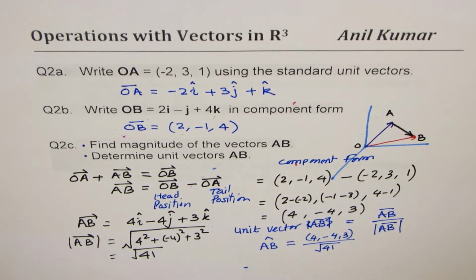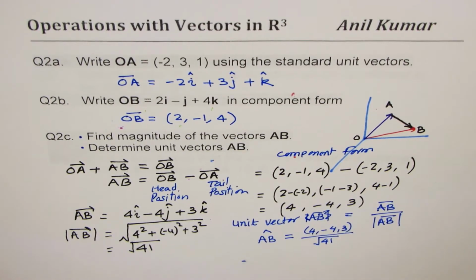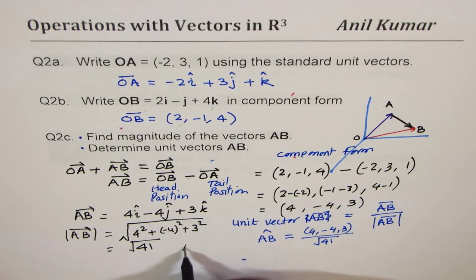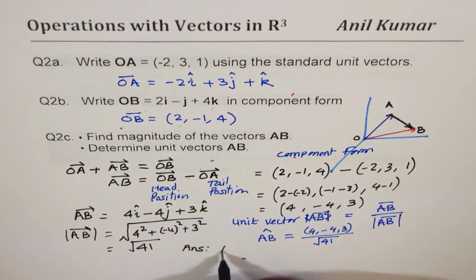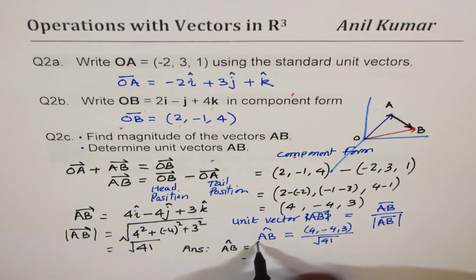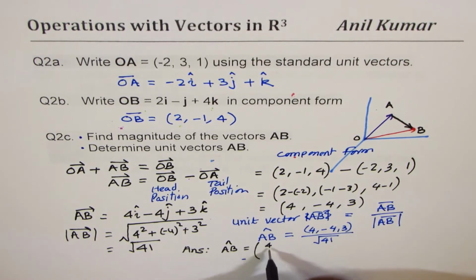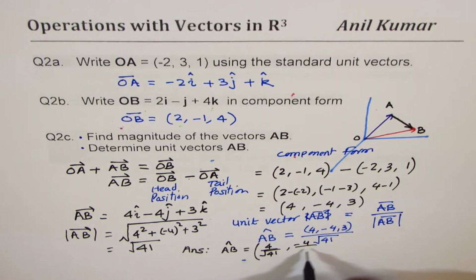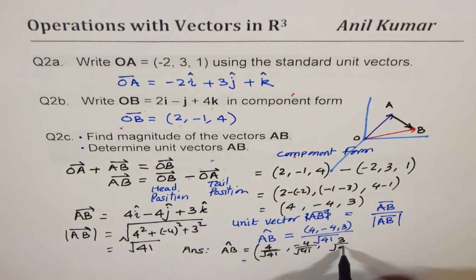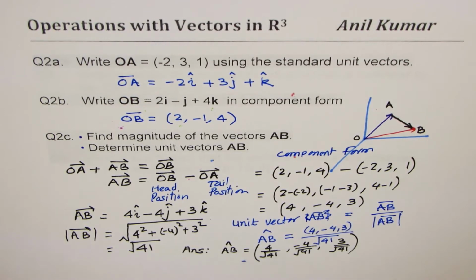Now let me write down this unit vector AB as our answer, which is 4 over square root 41, minus 4 over square root 41, and 3 over square root 41. Is it clear? So that is how we'll write this unit vector.